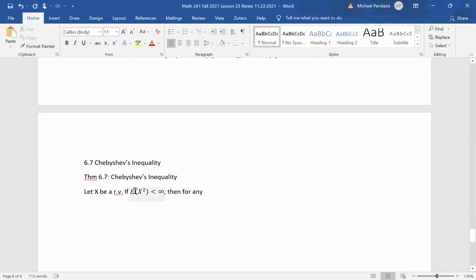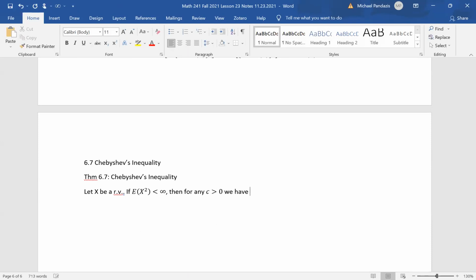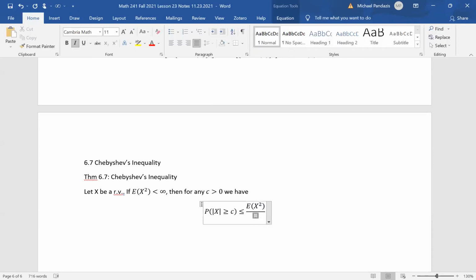If the expected value of X squared is finite, then for any c positive, we have that the probability that the absolute value of X is greater than or equal to c is less than or equal to the fraction E of X squared over c squared. Okay, and so that's Chebyshev's inequality.